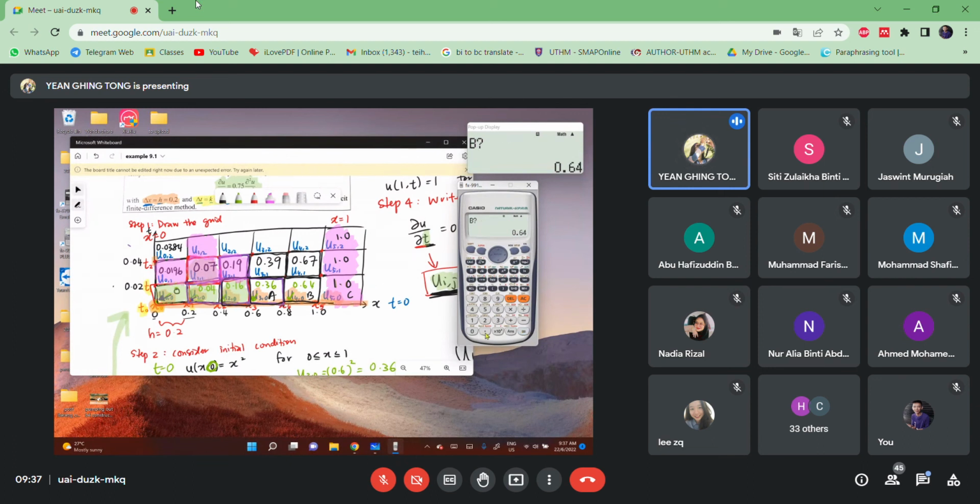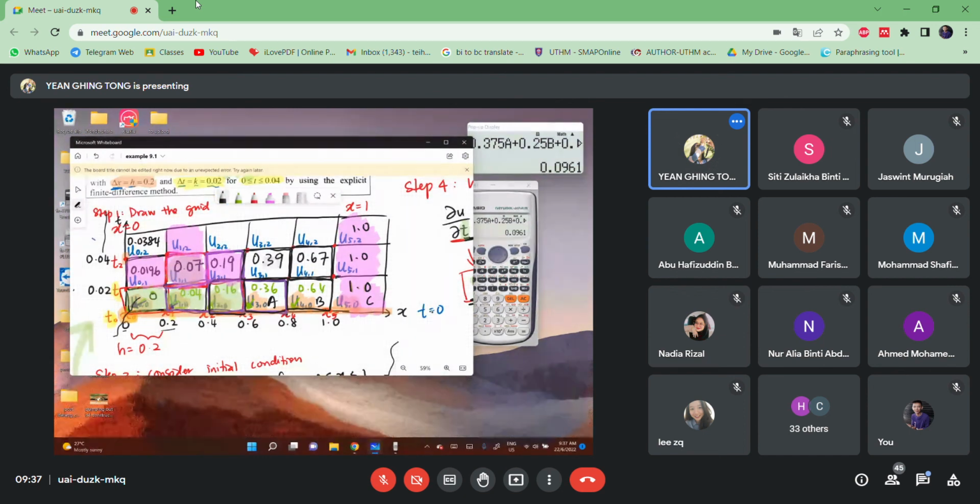B is 0.07. C is 0.19. So I get 0.0961. This one is a bit bigger.